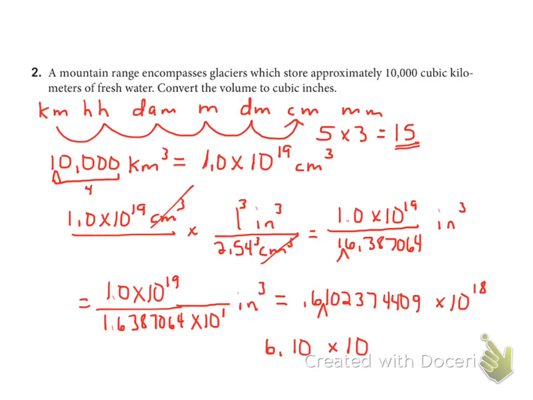And this time from 0.6 to 6, the decimal's becoming larger, so the exponent's going to get smaller. What do you think the new exponent would be? Not -1, but we subtract 1 from what we had. If it starts out at 18, subtract 1 would be 17.